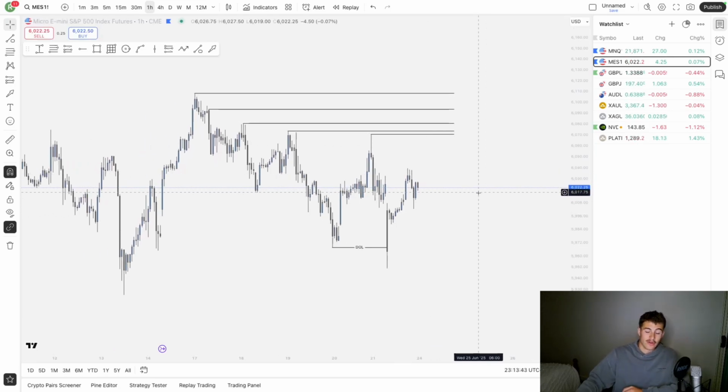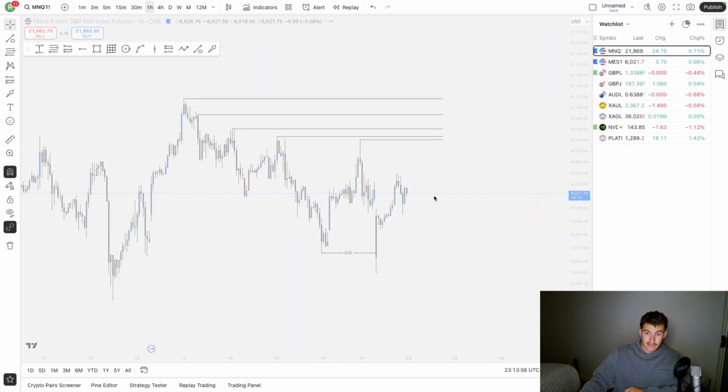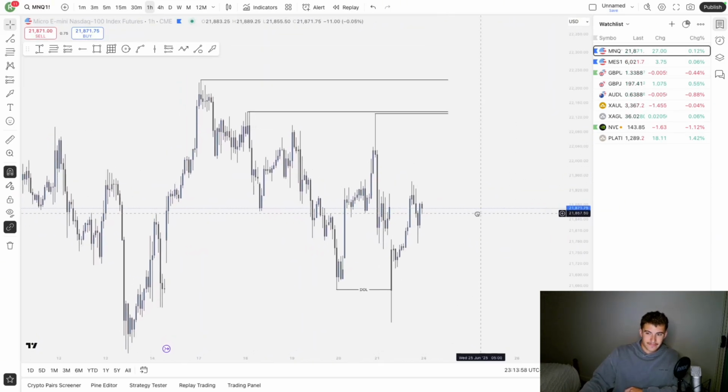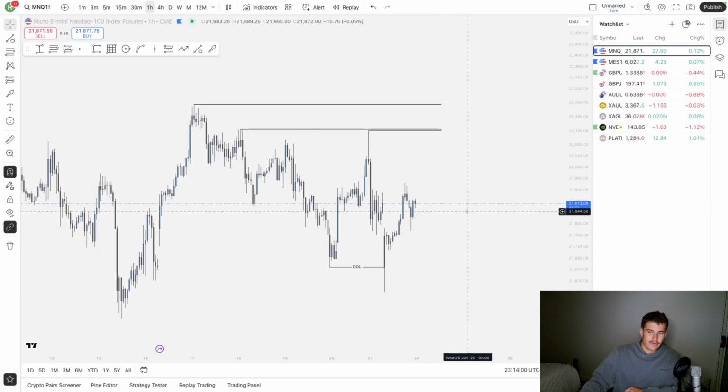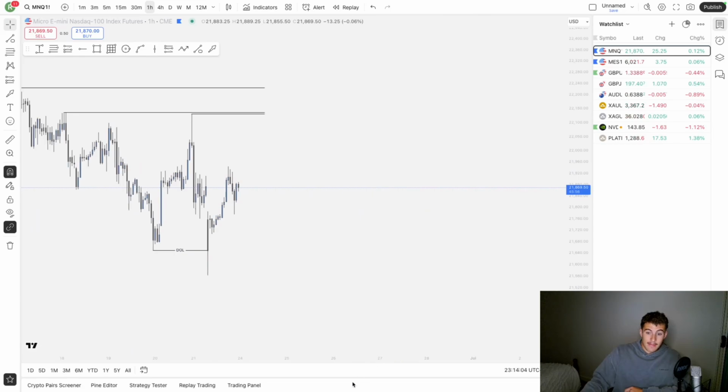I think I'd prefer to take the trade on ES today because of these two relative equal highs right here. Super in reach, super just in and out sort of mindset, whereas over here on NQ, it's just a little bit further away. So that's my thought process coming into the day. I am bullish.